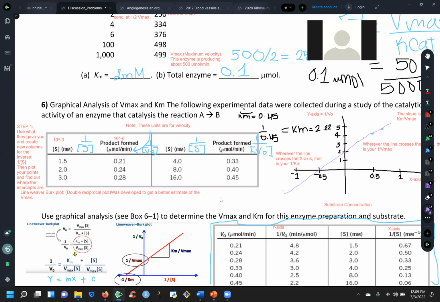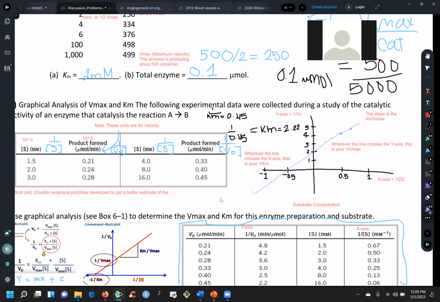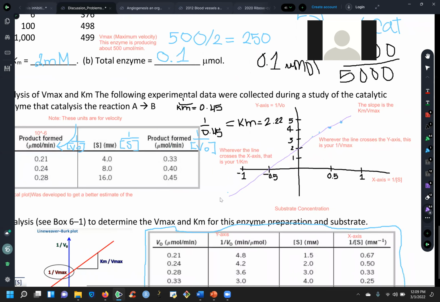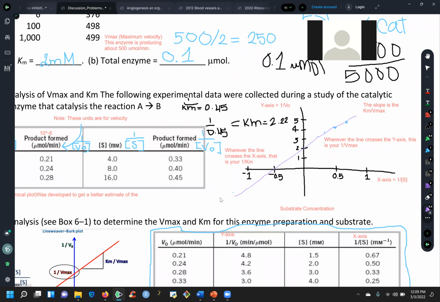Okay. So what is a Lineweaver-Burk plot? So what was the purpose of it? I wrote it down for you guys. I gave you so many notes here, so definitely check this out. Okay, so the Lineweaver-Burk plot was to get a better estimate of your enzyme's activity, because anytime you curve something, it's a little bit more complicated.